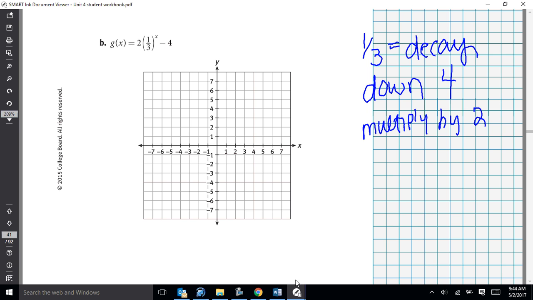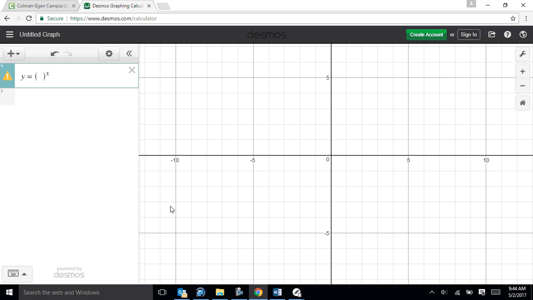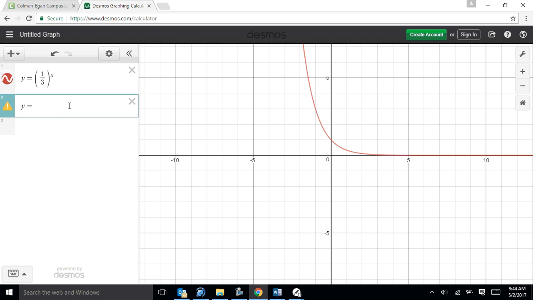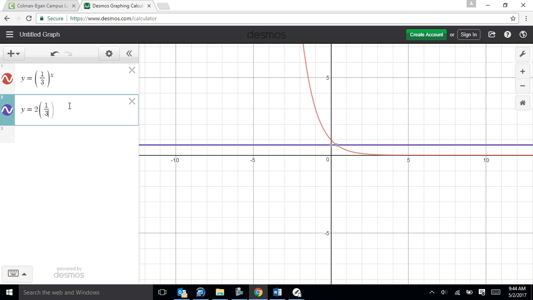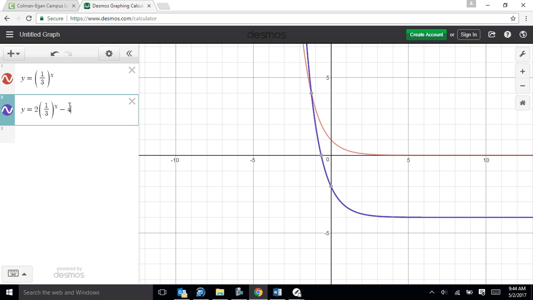Forgot what it was, 1/3. All right, so we can see how it's gotten deeper, and that's that multiplied by 2.